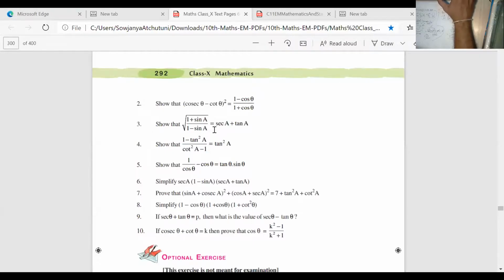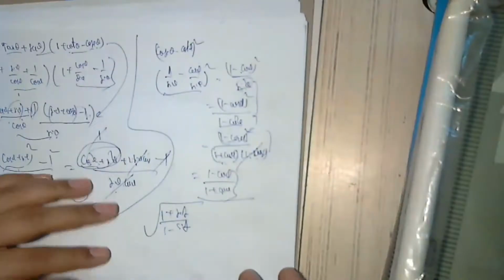Let us see here. This is equal to secant a plus tan a: square root of 1 plus sin a by 1 minus sin a equals secant a plus tan a.